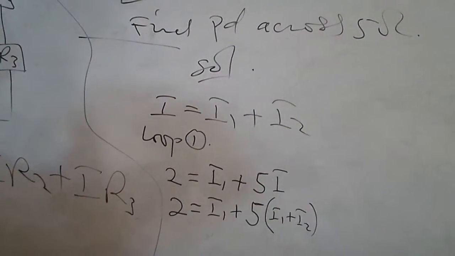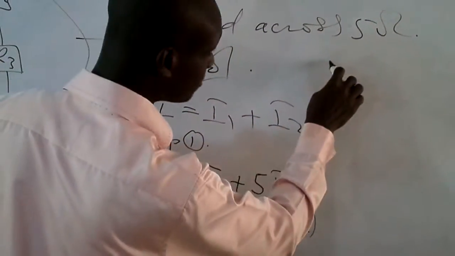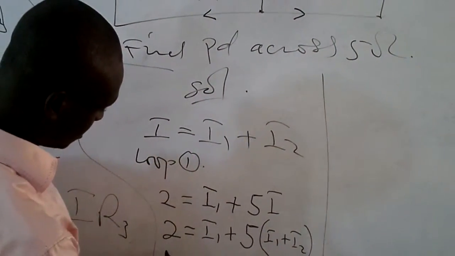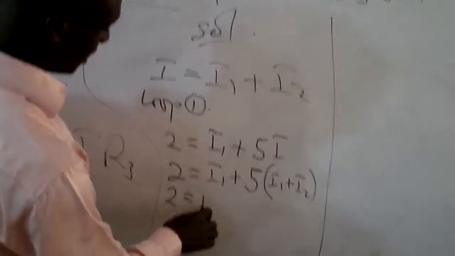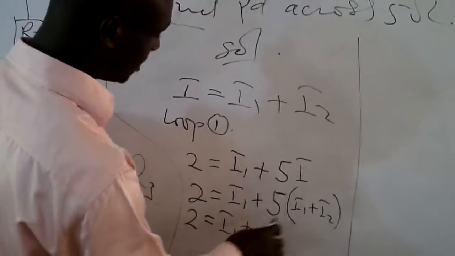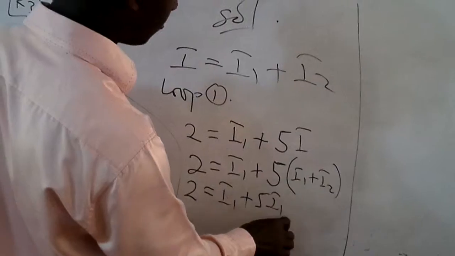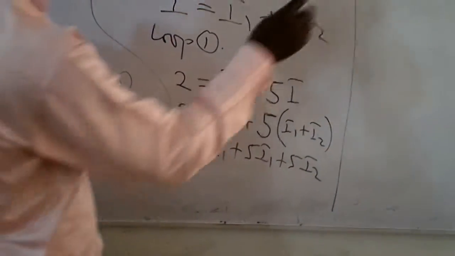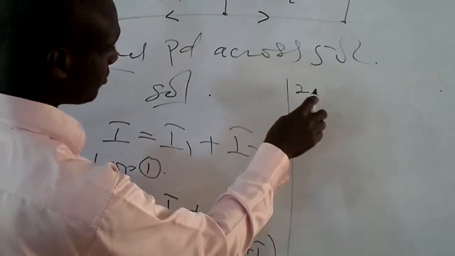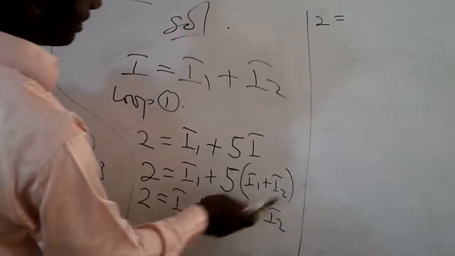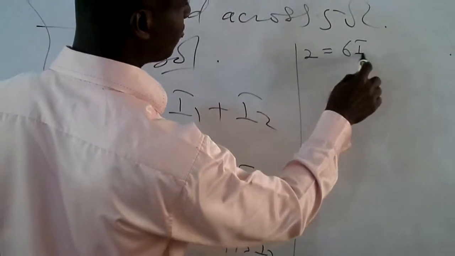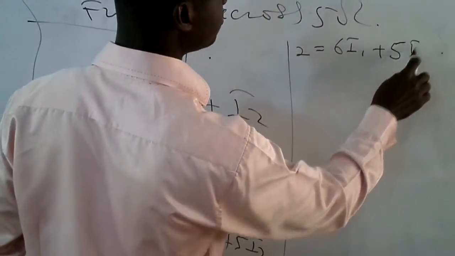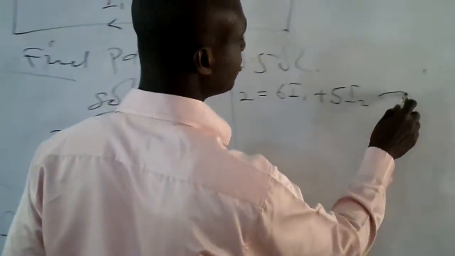Let me continue from this side. 2 equals I1, and if I expand this, we have 5 I1 plus 5 I2. If I simplify, then we have 2 equals I1 plus 5 I1, which is 6 I1, plus 5 I2. Let's call this equation 1.